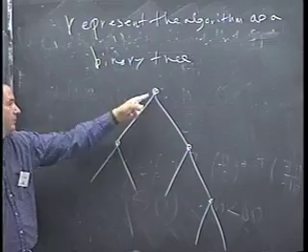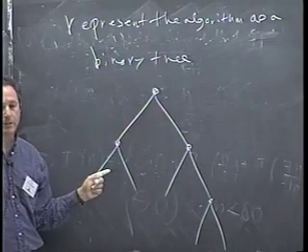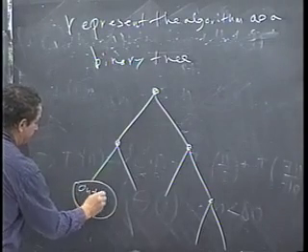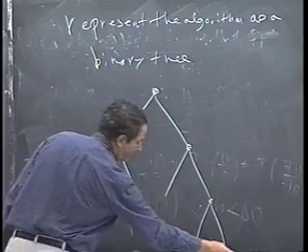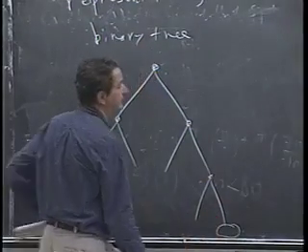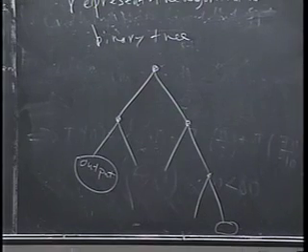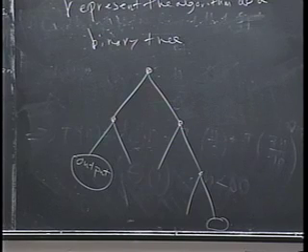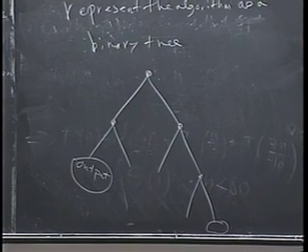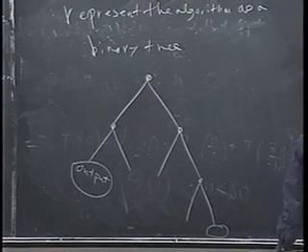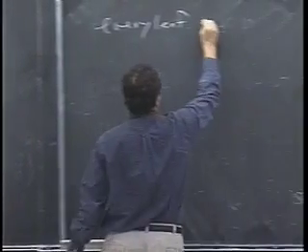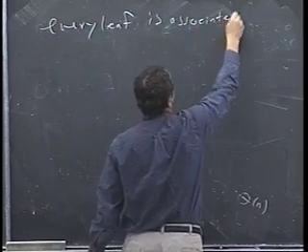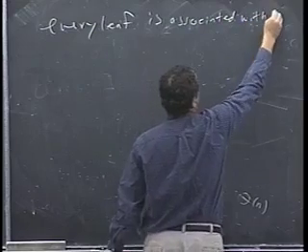But ultimately, along every particular path, the algorithm terminates, and it has some particular output. Okay, so every leaf is associated with some output.